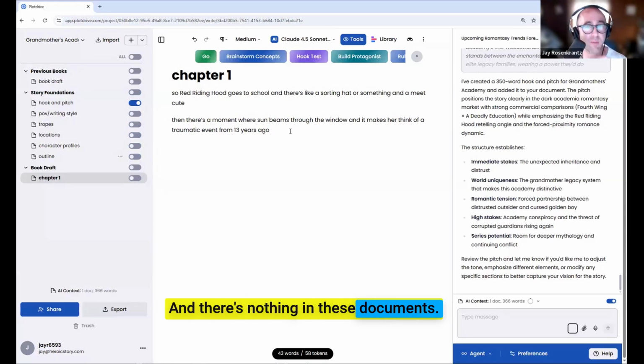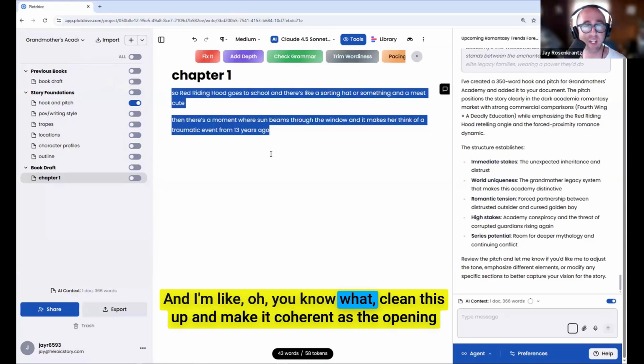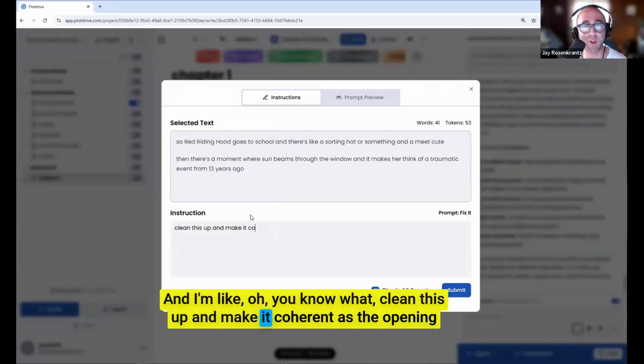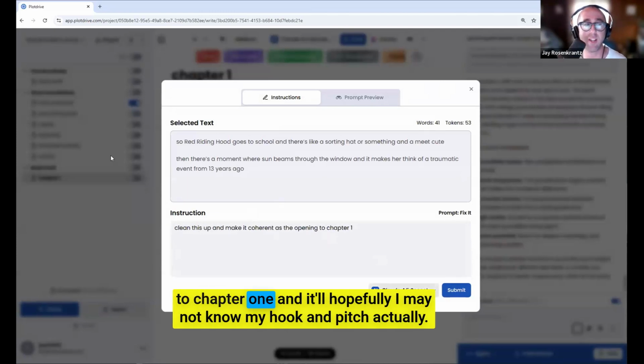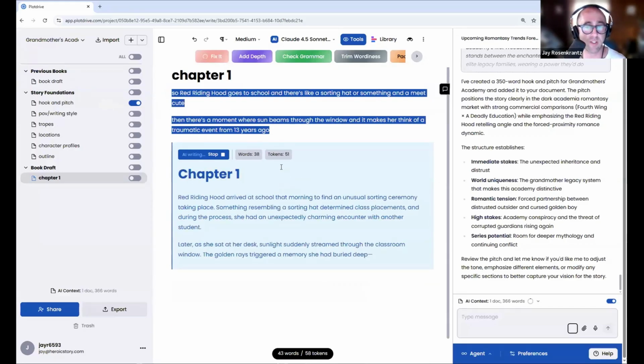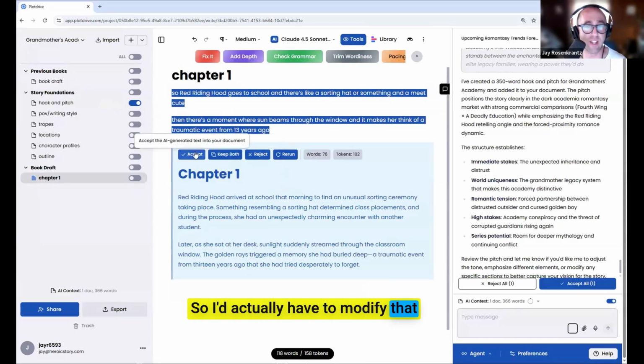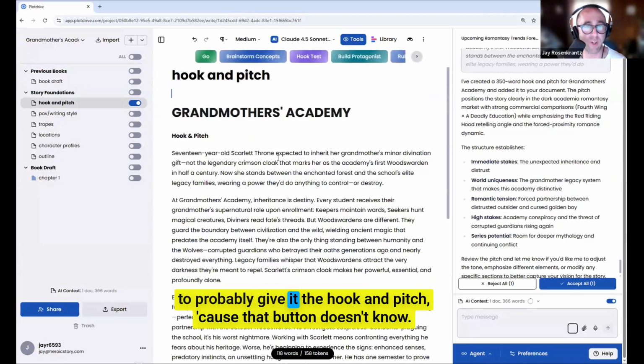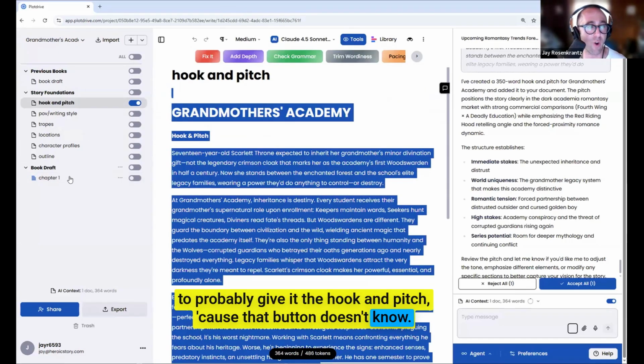And there's nothing in these documents. And I'm like, oh, you know what? Clean this up and make it coherent as the opening to chapter one. I may not know my hook and pitch actually, so I'd have to modify that to give it the hook and pitch, because that button doesn't know.